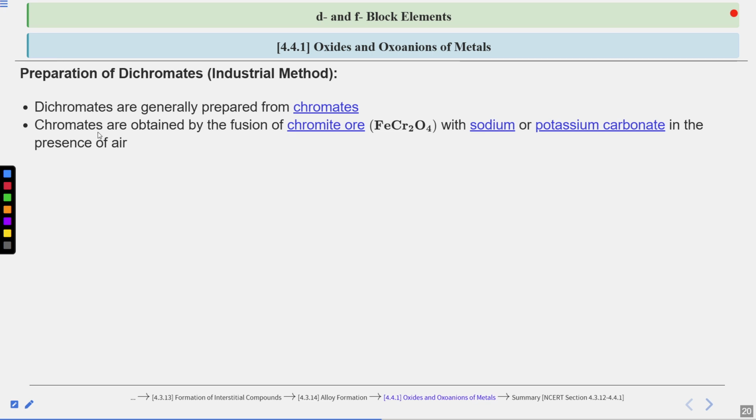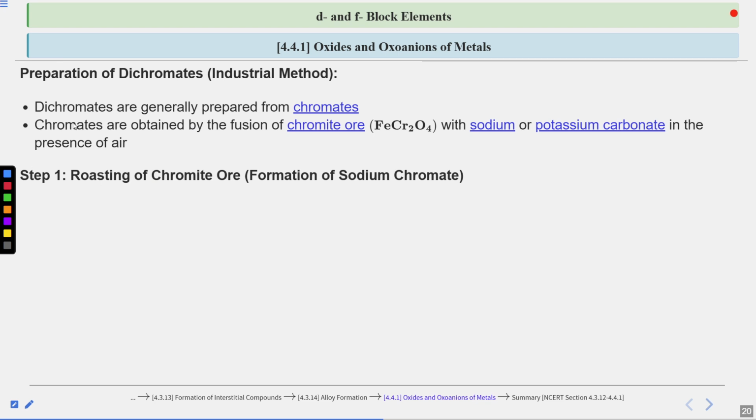When the chromite ore FeCr2O4 reacts with sodium or potassium carbonate in the presence of air, we obtain the chromates.